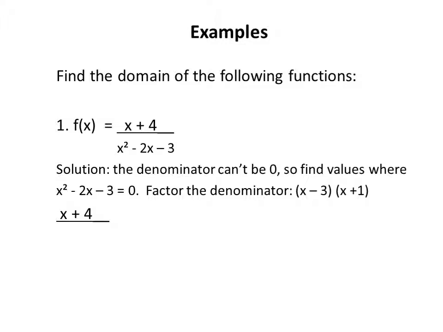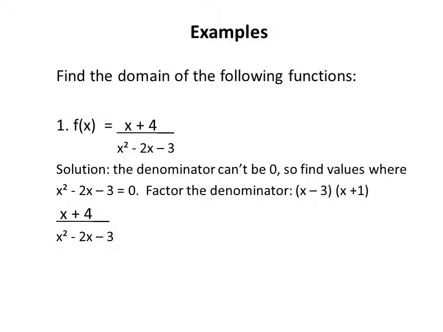So we also notice that negative 1 cannot be part of the domain either. To conclude this example, the domain is the set of all real numbers except the numbers that are going to make the denominator 0.